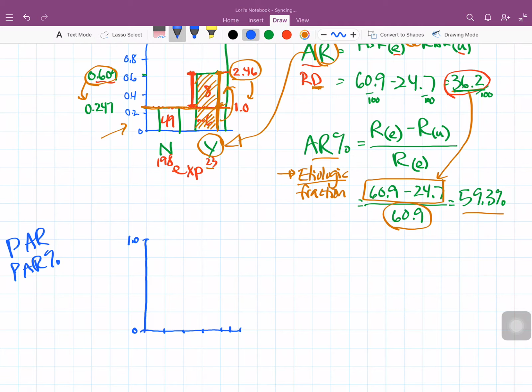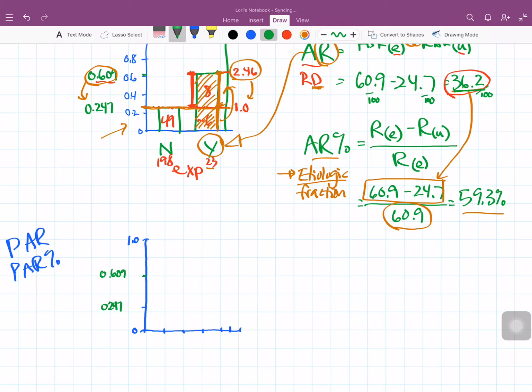And remember how we had, let me get a different color, 0.247. And here's approximately 0.609.